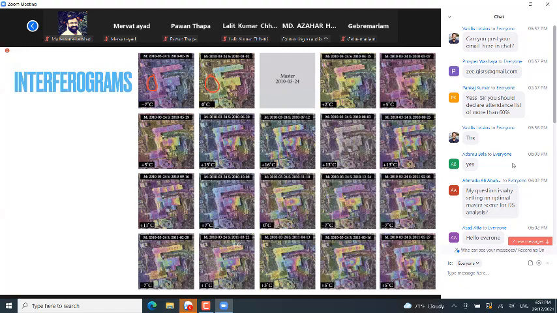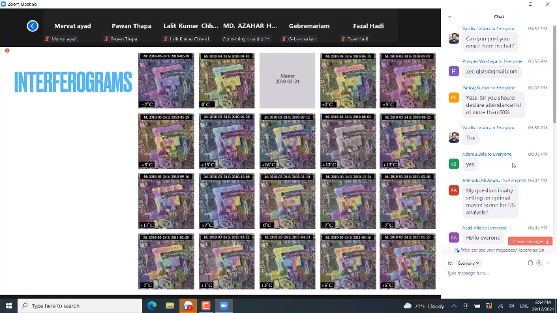The reason I talk so long about this is also this scene here, because it's quite an old example. If we look here, we see the interferograms we formed between them.